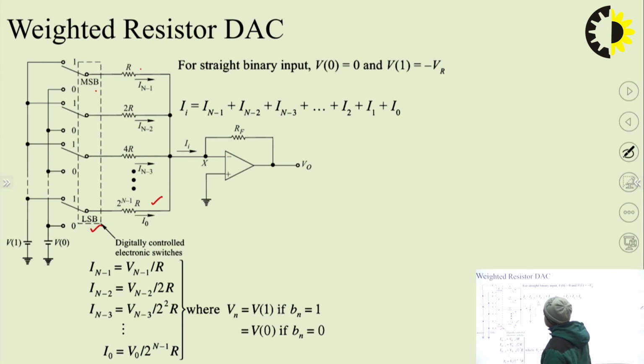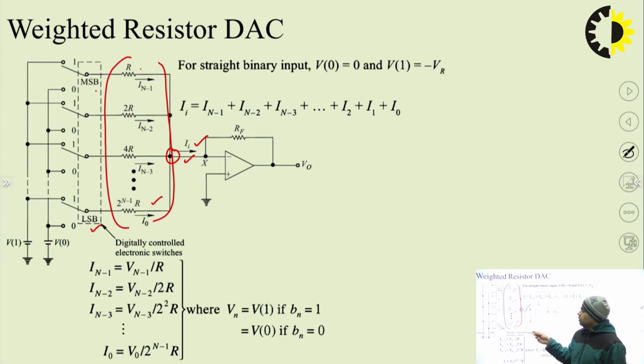There are different currents from different branches, and all those branches are aggregated to produce a sum current which will be translated into a voltage signal, because eventually we are going to use the op amp in voltage mode. Some voltage will be available at this terminal corresponding to this current I, and the overall resistance depends on which resistances participate, which depends on the binary information we apply here.